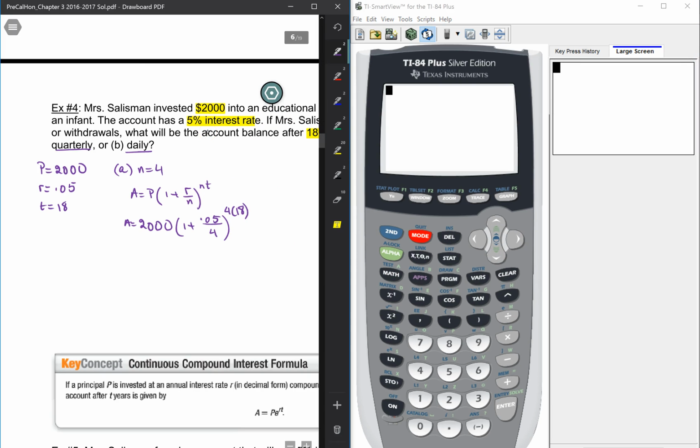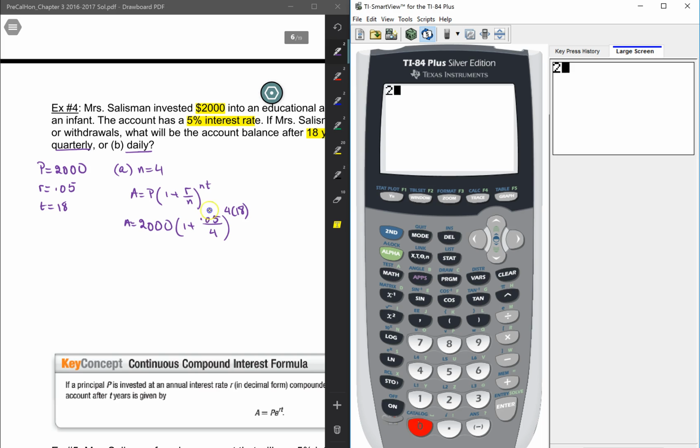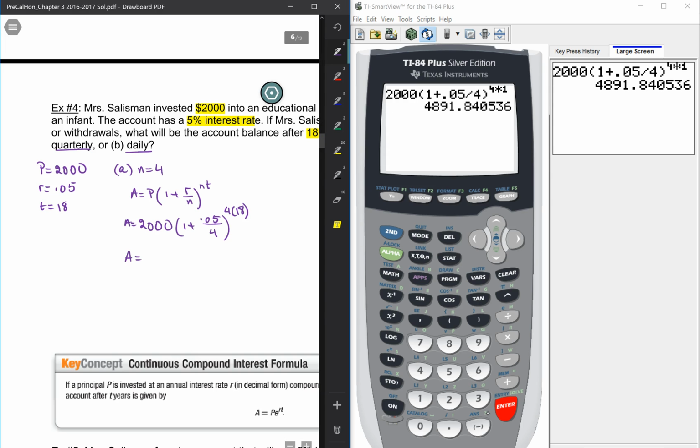All right, so we have 2,000 times (1 plus 0.05 over 4) to the power of 4 times 18, and we have $4,891 and 84 cents.